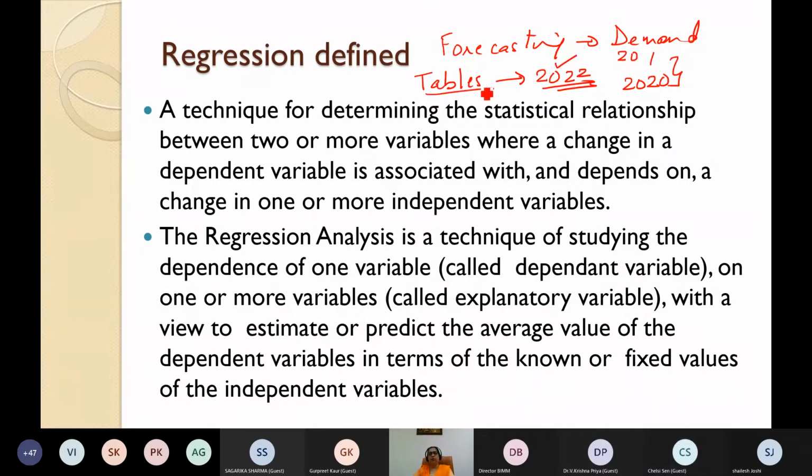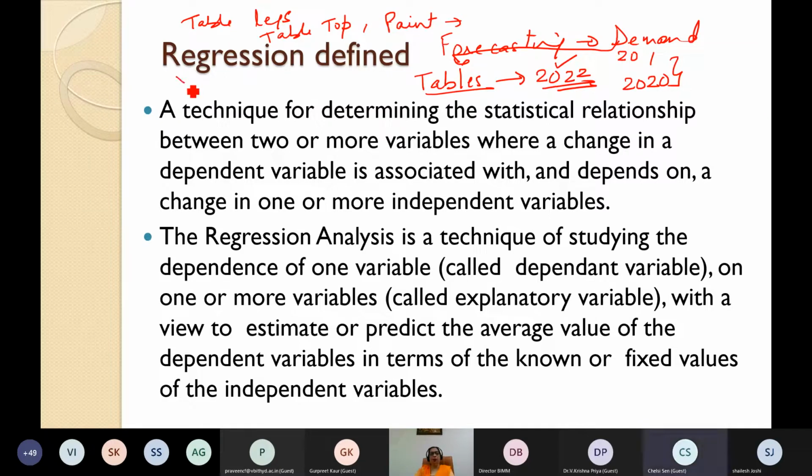Now, as you know, the demand for tables is impacting the demand for the table legs. It is impacting the demand for table top. It is impacting the demand for the paint that is being used for painting the tables.